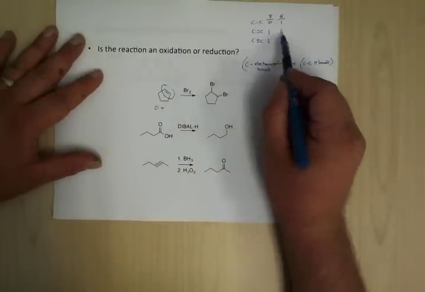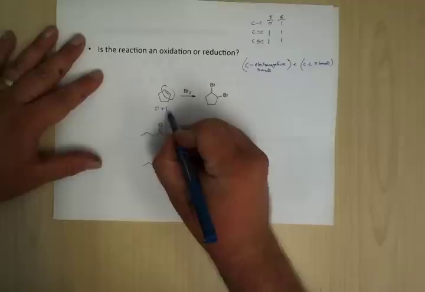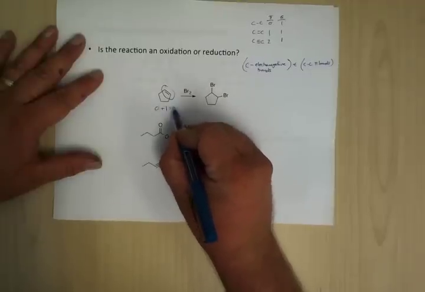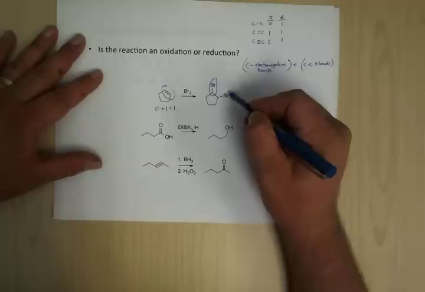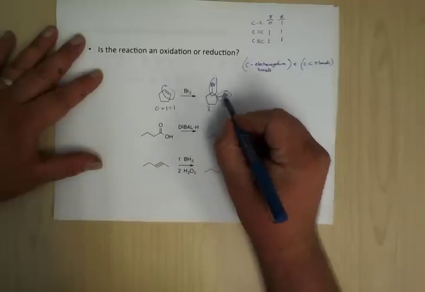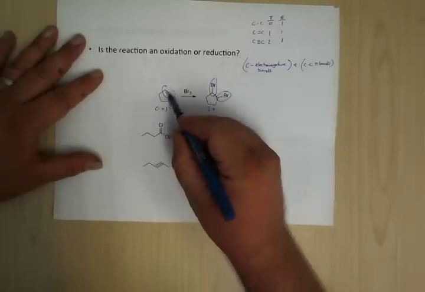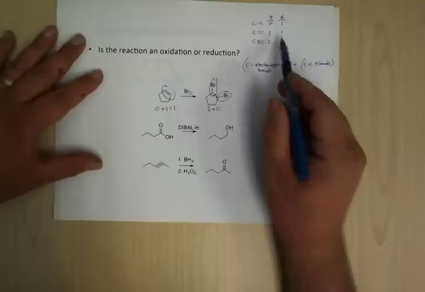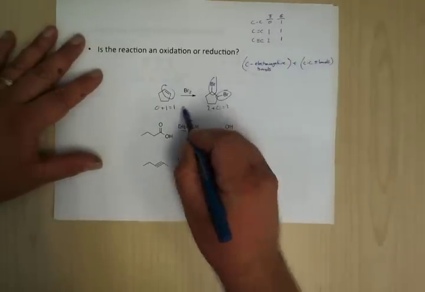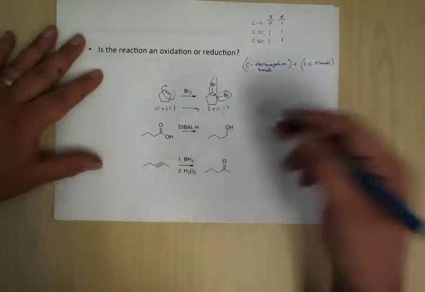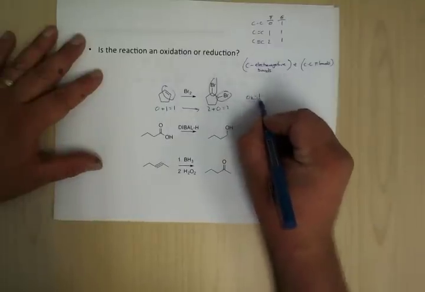It has one sigma, one pi bond, so it'd be 0 plus 1, so 1. Now for this side, we have two carbon-electronegative bonds, but since this double bond's gone away, we don't have any additional carbon-carbon pi bonds, so we're going from 1 to 2. Since the number's going up, this is an oxidation.